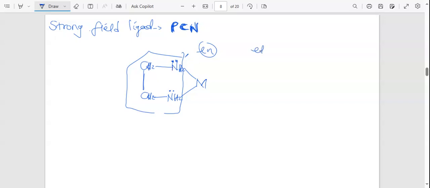Or you can call it ethyl 1,2-diamine. That's what we mean when you say a strong field ligand, and also weak field ligand, polydentate ligand, monodentate ligand, ambidentate ligand, and also let me give you the last one.